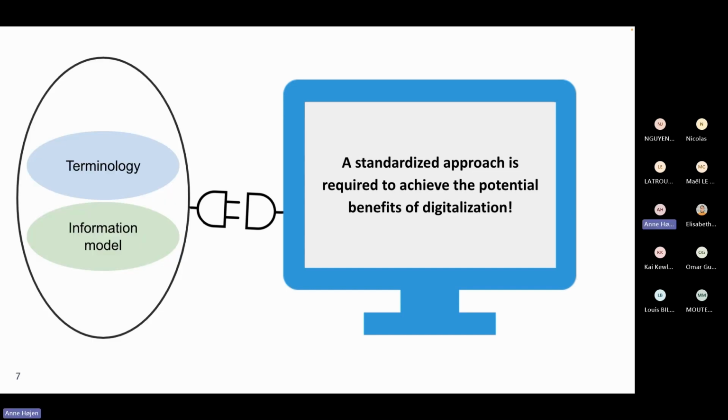And when we start to standardize our IT system, there are two areas where standardization is particularly important. The terminology is one part, and then the information model. So the terminology and the information model are essential when you standardize your electronic health records.